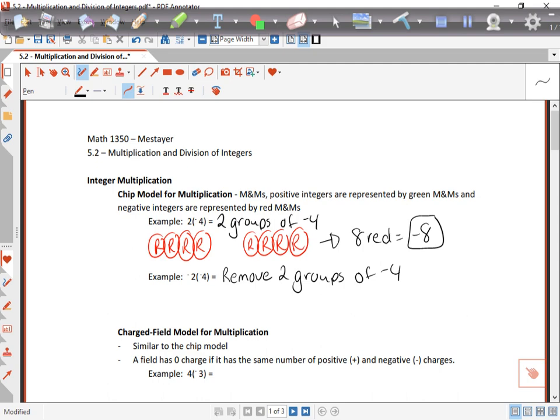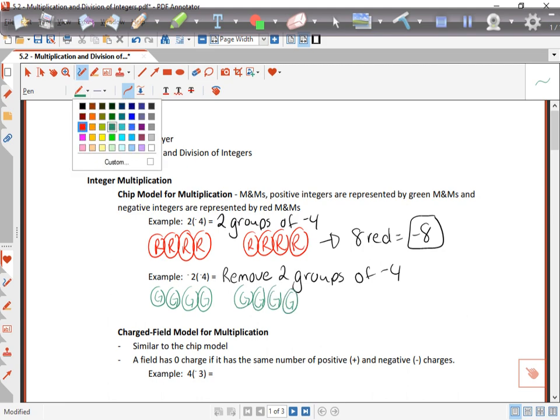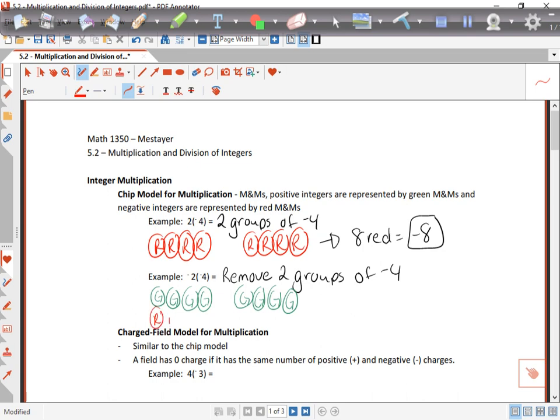When we do this, we have to first have the field equivalent to 0, and the way we do that is we're going to end up with 2 groups of 4 of green, and 2 groups of 4 of red.